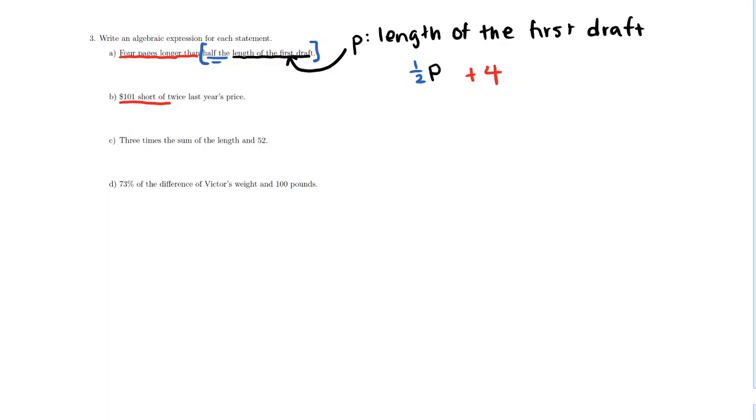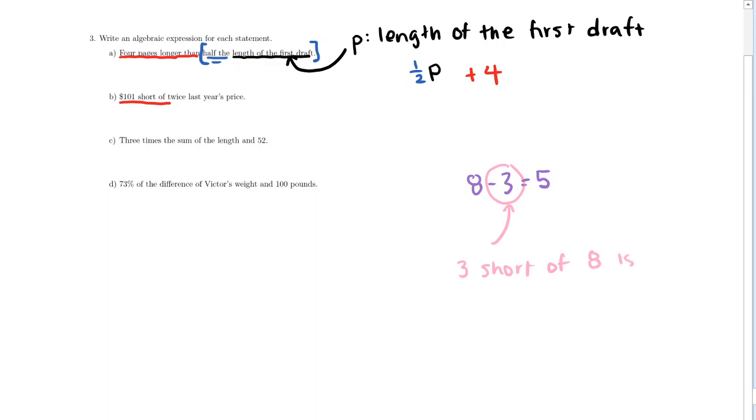A more concrete example: if the cost of something was $8 and I was $3 short of having the amount to pay for that, well, that would tell me that I had $3 less than that, or in other words, $5. So here I can read this 8 minus 3 as 3 short of 8.